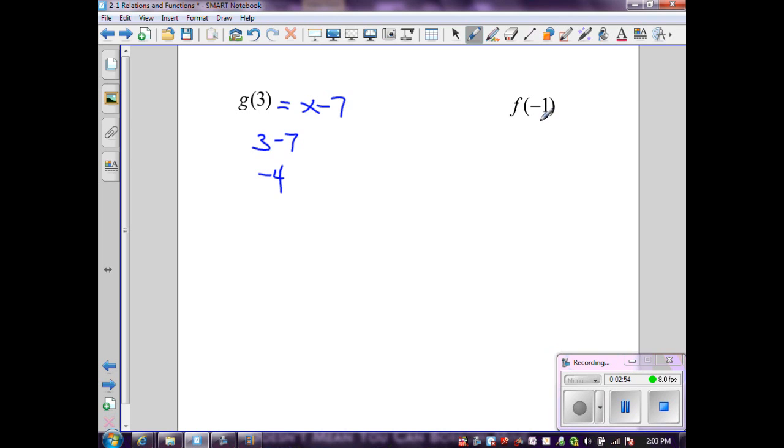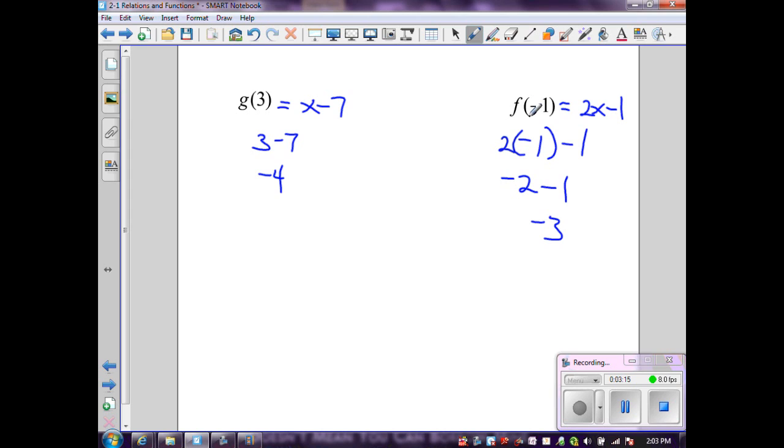F of a negative 1. Recall our f function is 2x minus 1. Substituting negative 1 into all my variables in my function is going to give me 2 times a negative 1 minus 1. Gives me a negative 2 minus 1. Simplifying, I get negative 3.